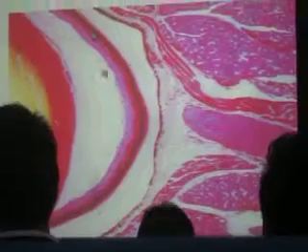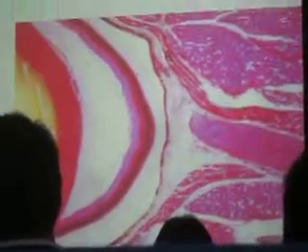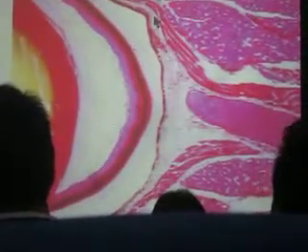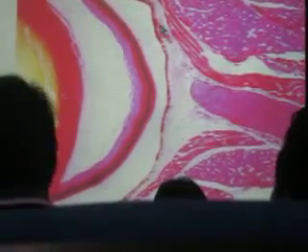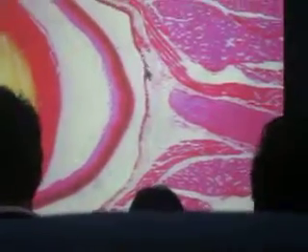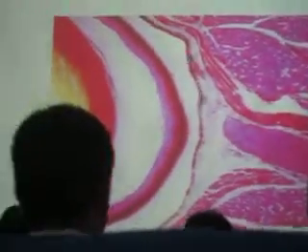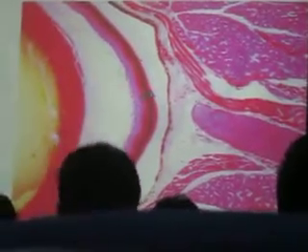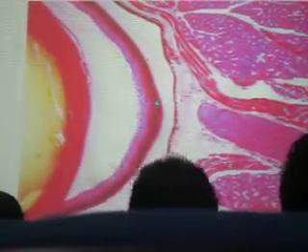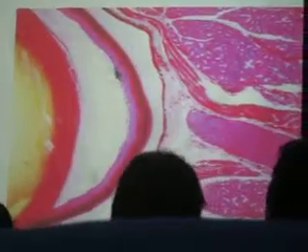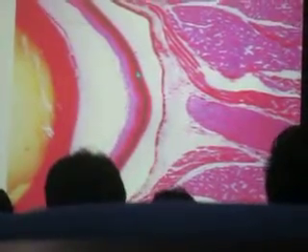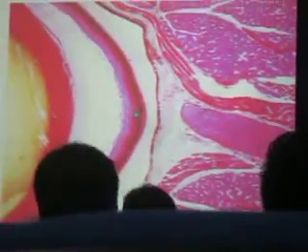So for the first slide, some of you might have this slide, but others will have a different slide. No? So with this slide, you'll have the 3 coats. You have the fibrous, which on the posterior part is the sclera, and then you have the vascular coat. In this part you have the choroid, and then of course you have the nervous coat, which is your retina, which could be seen as having different layers. Okay?